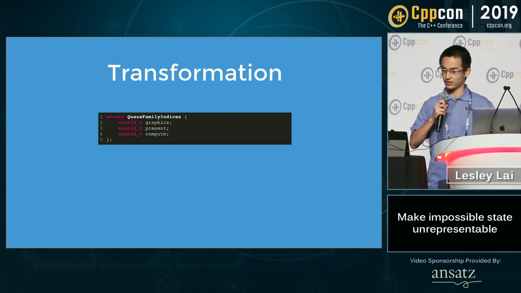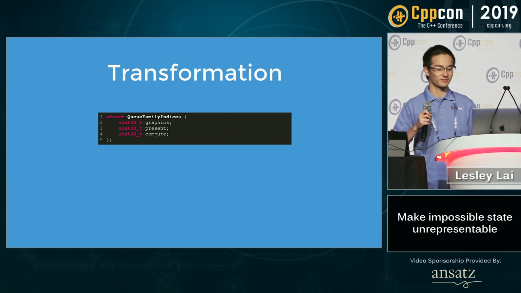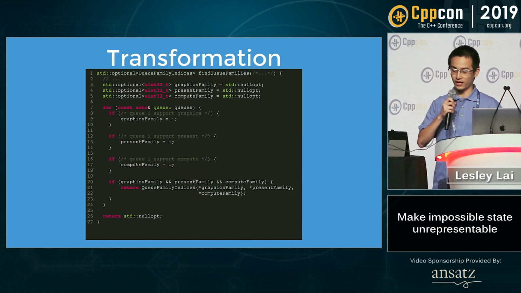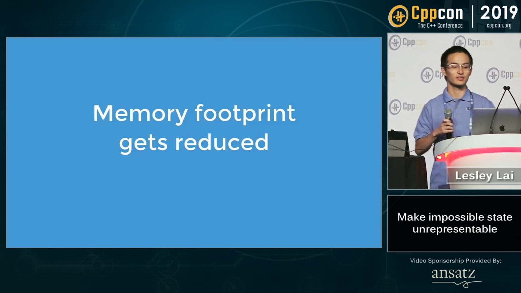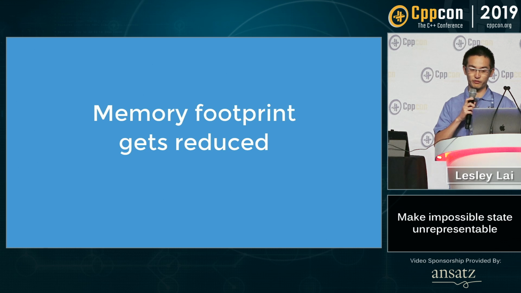So why not just model our structure like this? And then we can only use std::optional of queue indices as an implementation detail. Note the memory footprint gets reduced. In the first implementation, we have 24 bytes for the structure of the queue family indices, partially because of the inefficient alignment of multiple std::optionals.